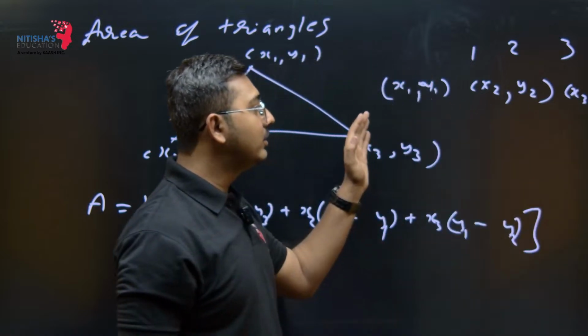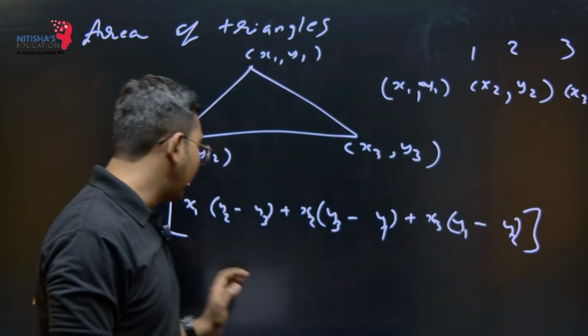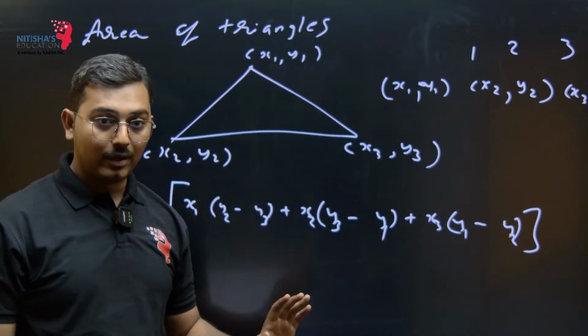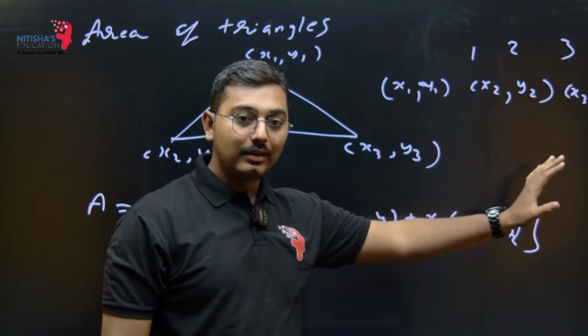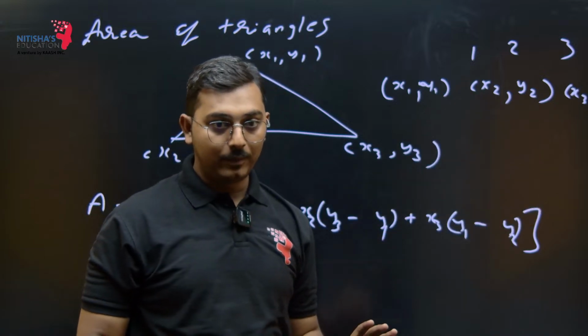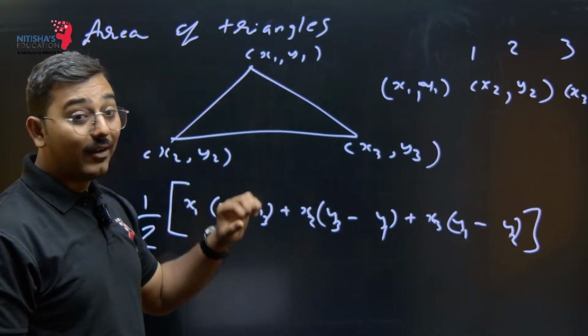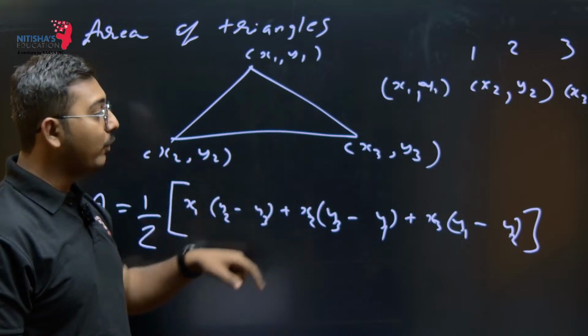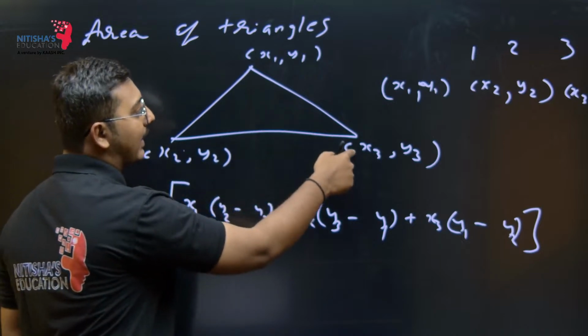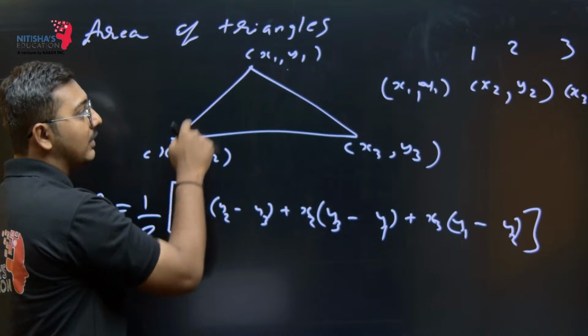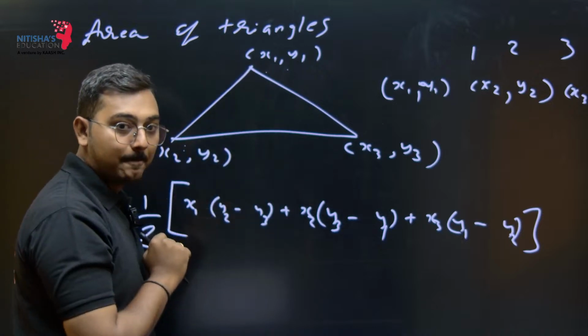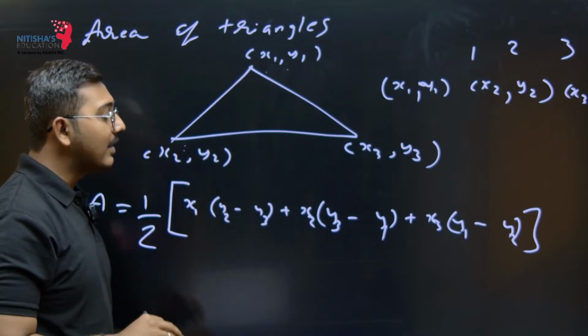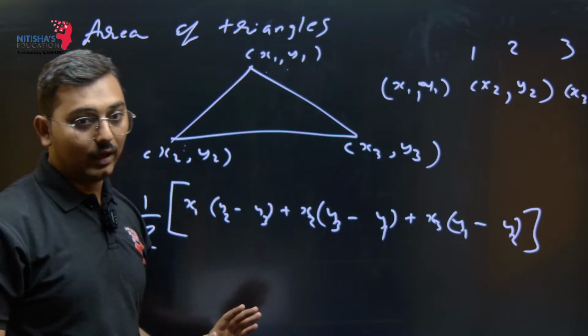Okay, and use these three coordinates to fill in over here. Whichever coordinates you take, there is no issue in it. Okay, there is no fixed order. Why? Because this is a triangle. If you consider this first, then this will be second and third. If you consider this first, this could be the second and this could be the third. Okay, so you can consider any combination of it.